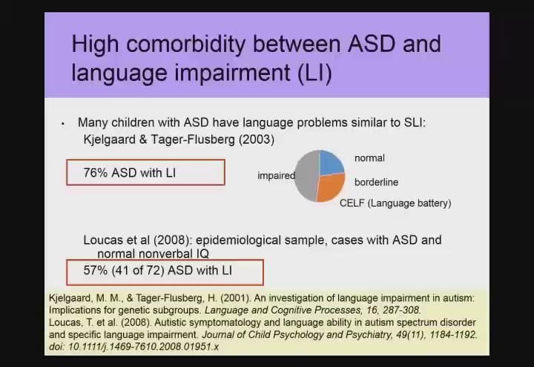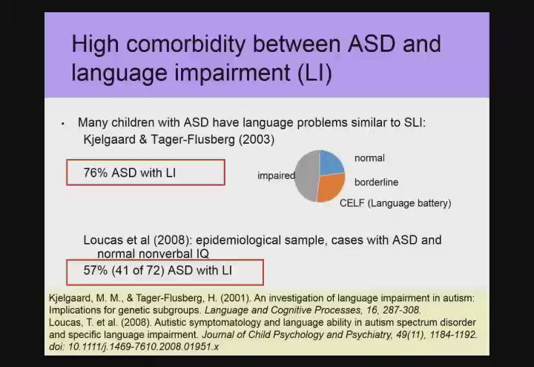So it's interesting also to look at an epidemiological sample, which was part of the SNAP cohort in London, where they screened a whole load of children, trying to find out the frequency of autism in the population. So they had quite a large number, and they pulled out the cases who had autism spectrum disorder but normal non-verbal IQ, and found that 57% of them had evidence of language impairment.